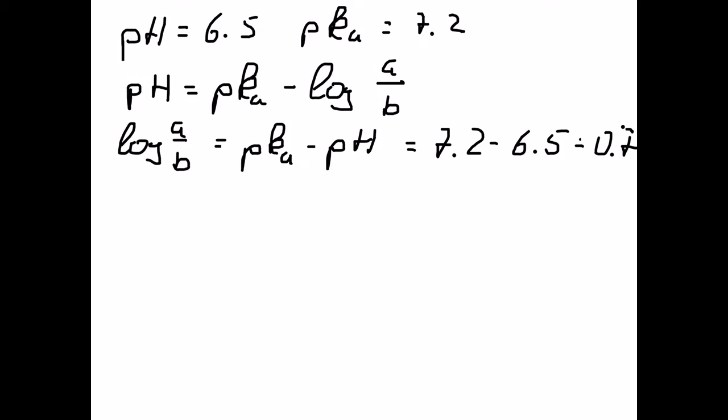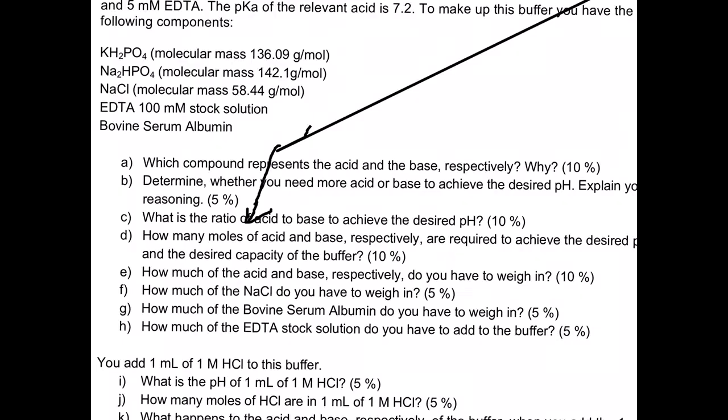Now, in order to get rid of the log, we take both sides 10 to the power of, so we have A over B equals 10 to the power of 0.7, and that equals 5 to 1. So we need 5 parts of acid and 1 part of base.